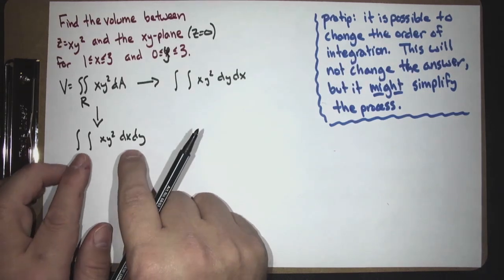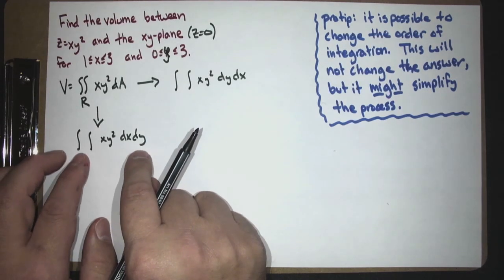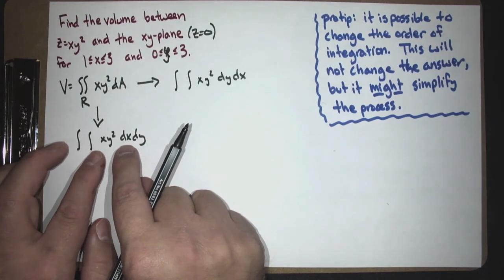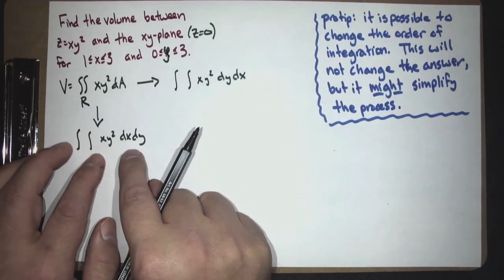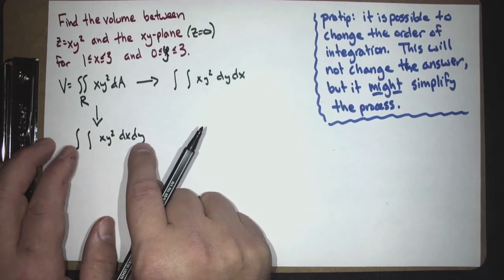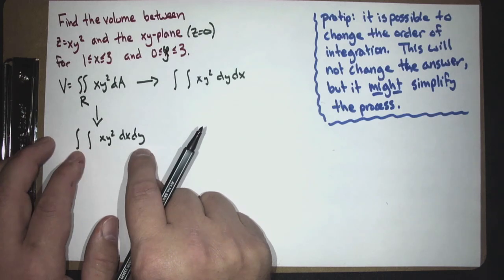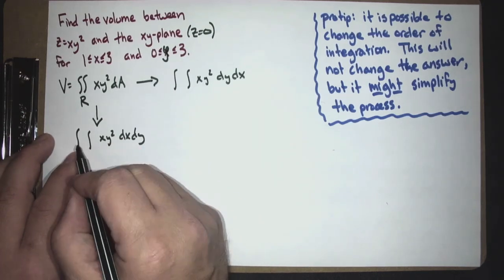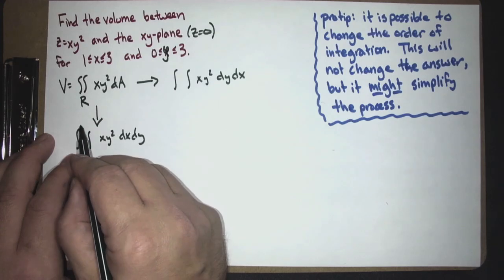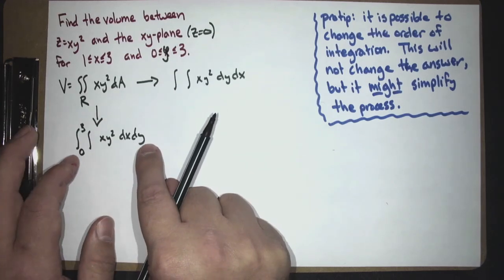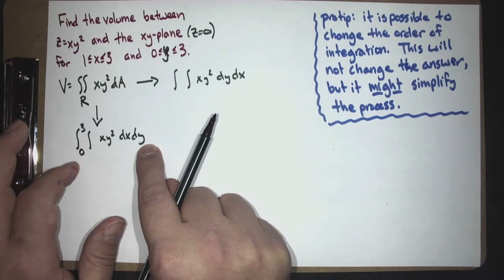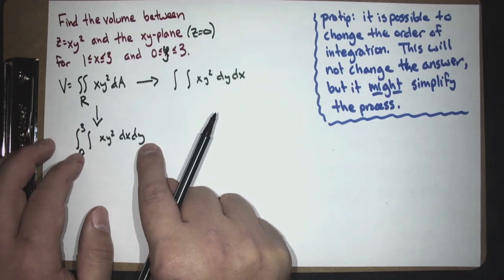For the first integral here, the dx dy, I set the bounds, well, there's a couple ways here. Let's go from the outside in. Where does y go from? 0 to 3. So this tells me the outside layer is my y layer. So these are my y bounds. So I'm going from y equals 0 to y equals 3.